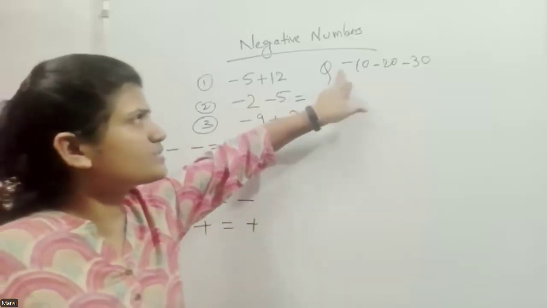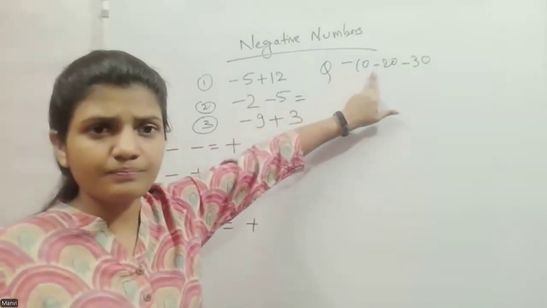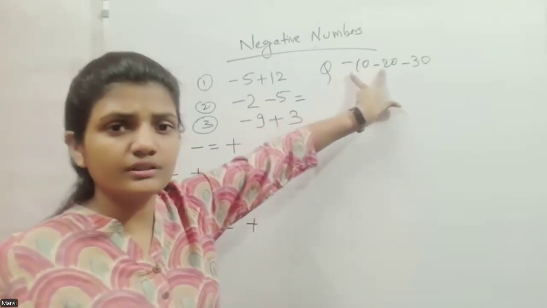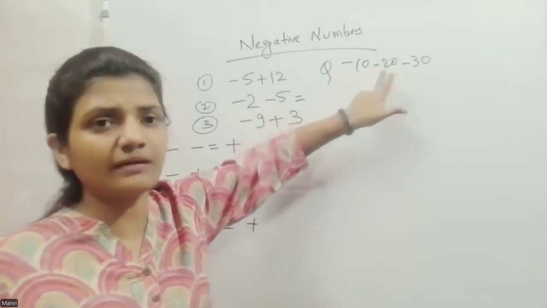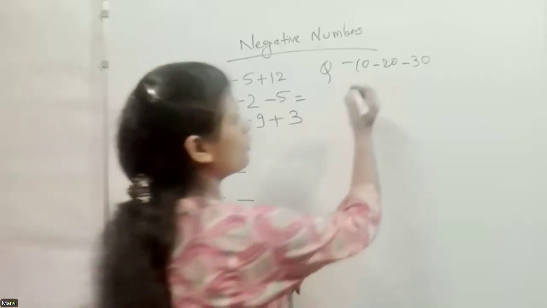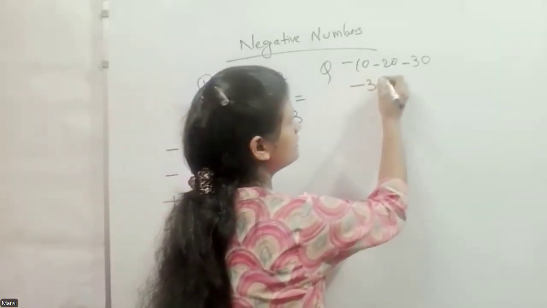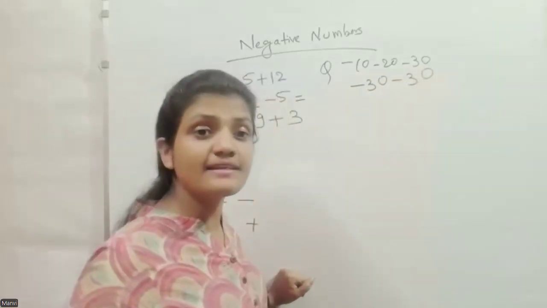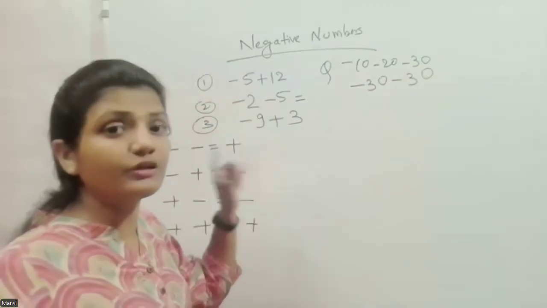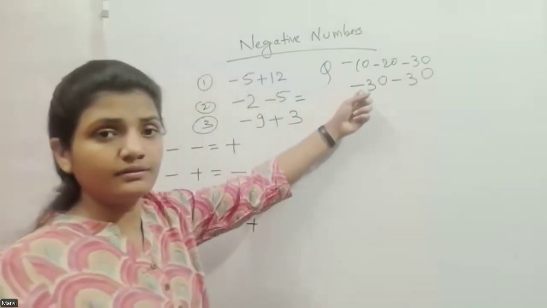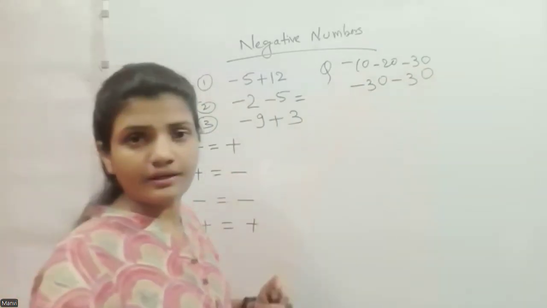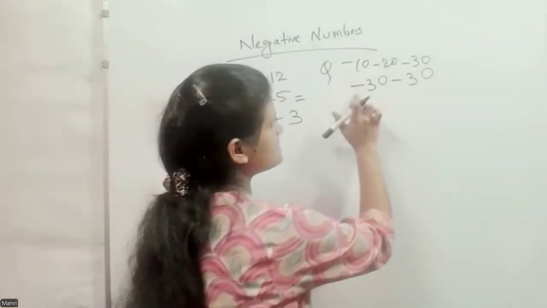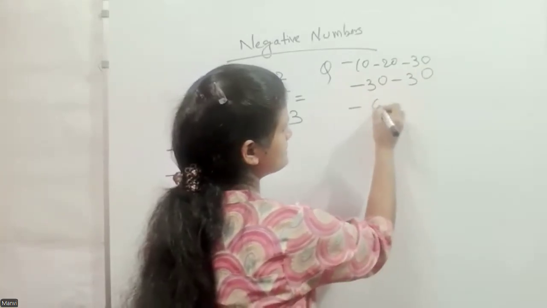Solve carefully. Like this, minus minus became plus, so we add these two. This 10 and 20 became 30. So now we could write it like this, 30 and then minus 30. Because minus minus, we always add these two, but always put the minus sign. Good, Rans. Then minus 30 will become minus 60.